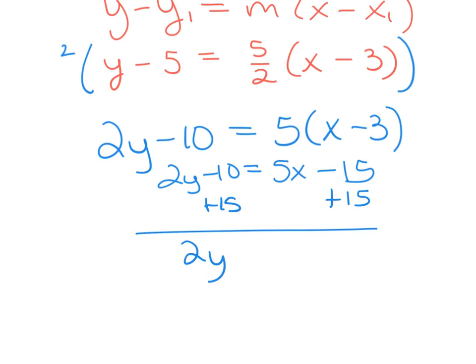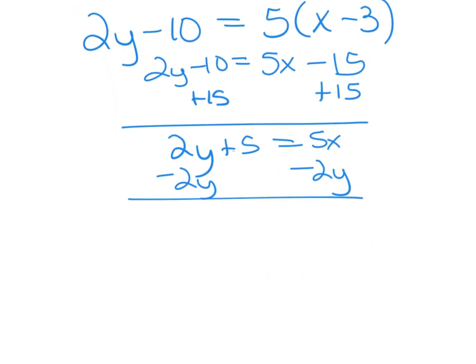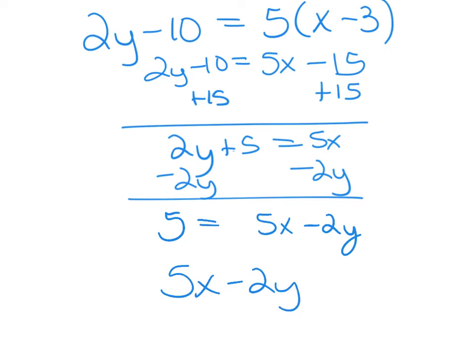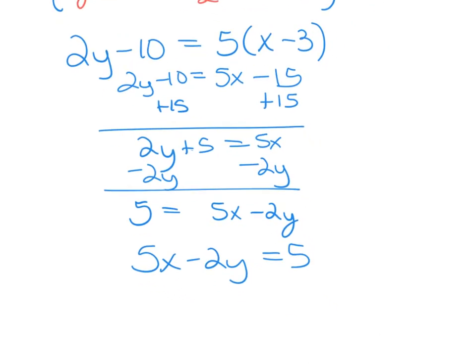So then I get 2y plus 5 equals 5x minus the 2y. 5 is equal to 5x minus 2y. So rearrange it, put the x and the y on the left, and this would be standard form.